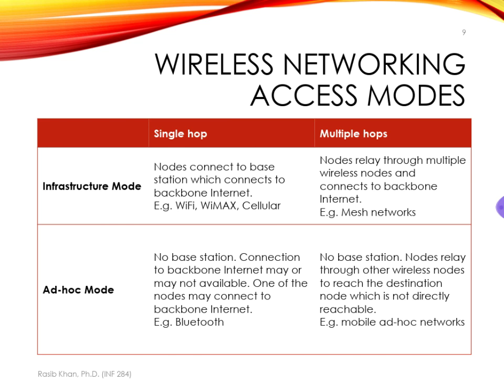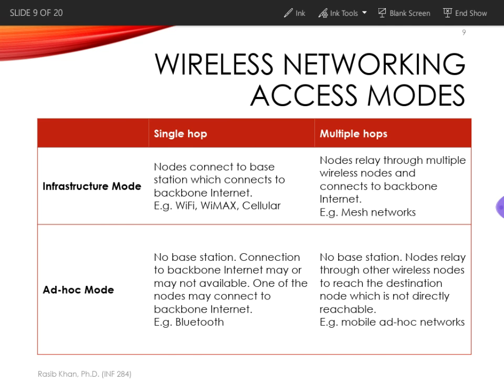So if you look at the overall concept of communication through hops, in infrastructure mode, if you're considering single hop, nodes are connected to the base station, which in turn connects to the internet. The most common examples for this would be Wi-Fi or cellular networks.